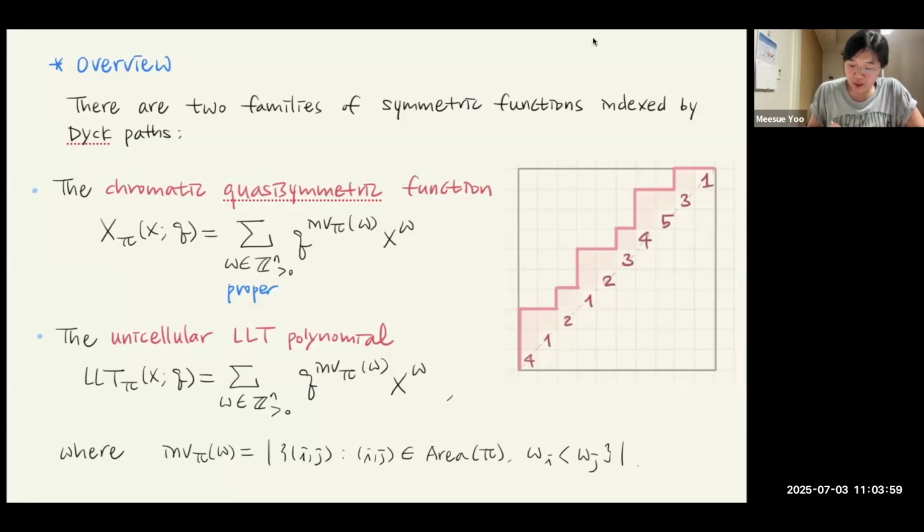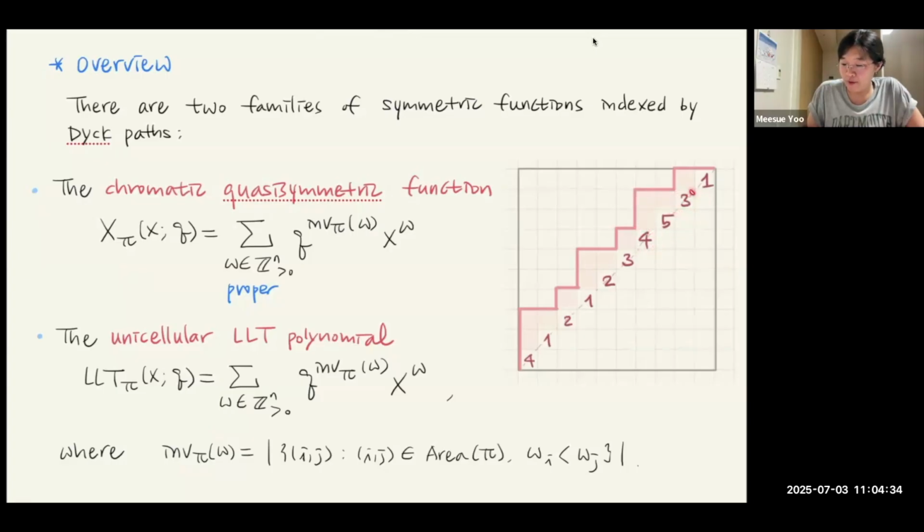So that's what the proper coloring means. And then for the unicellular LLT polynomials, we consider all the words of length n with no conditions. And then for both polynomials, we're going to use the inv statistic for the q statistic. So the inv statistic counts the number of cells between the Dyck path and the main diagonal, such that you compare the value, for example, for here, you compare the value in this row and then this column.